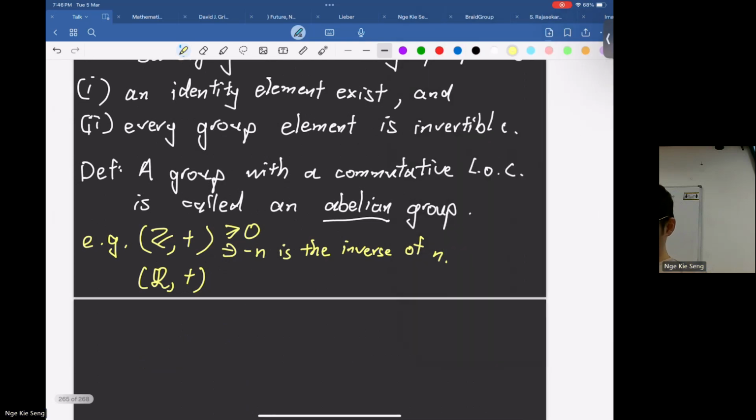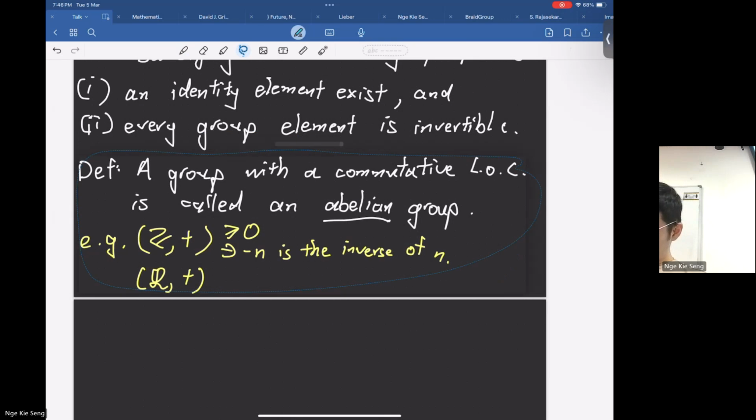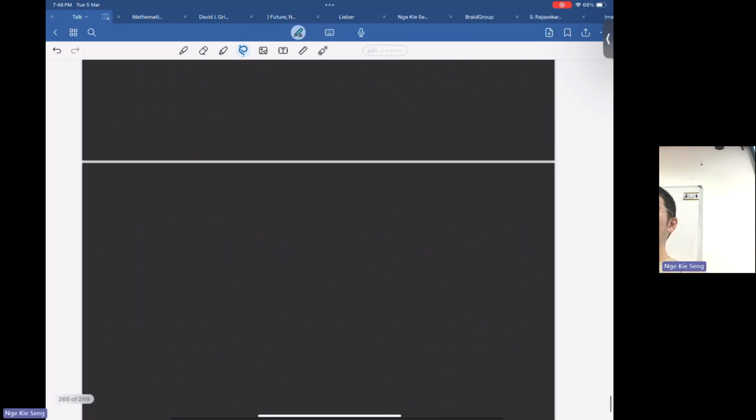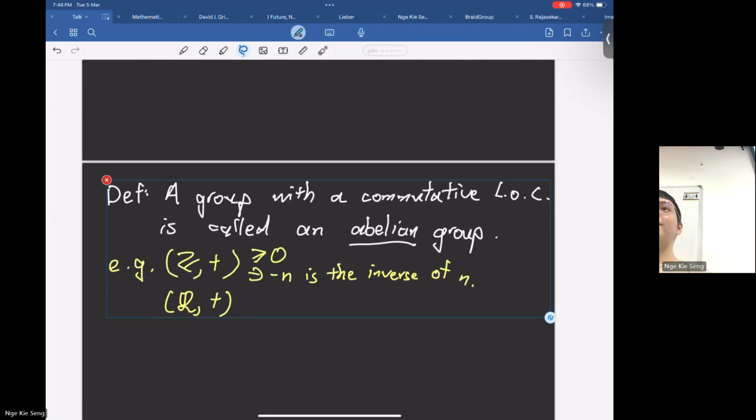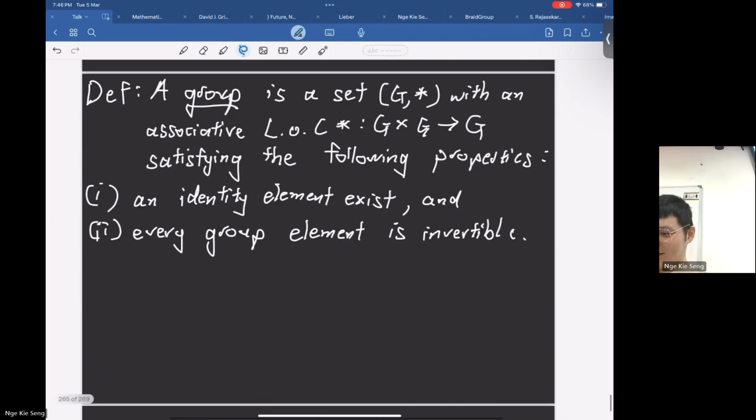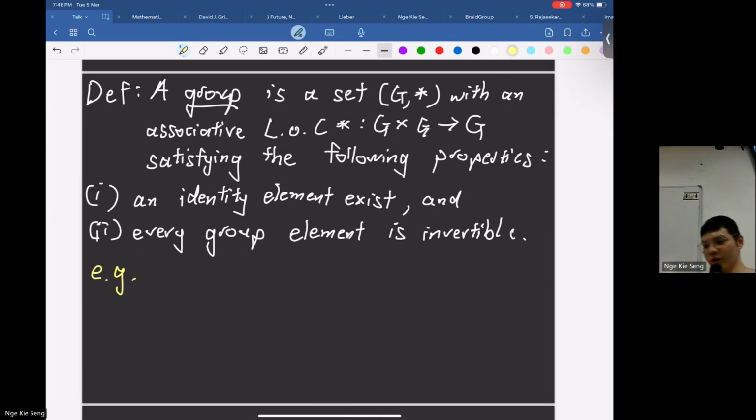So what can you do? Yeah, you just consider all the invertible matrices.